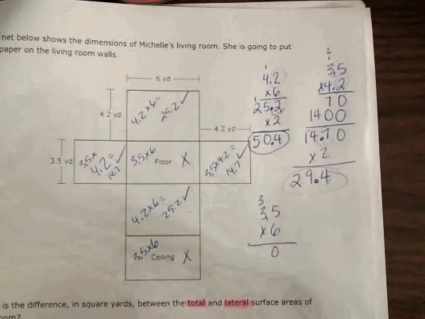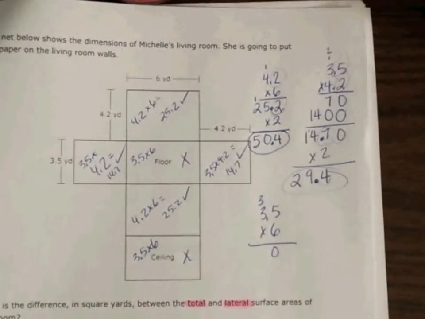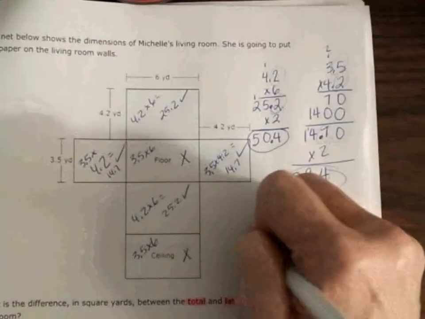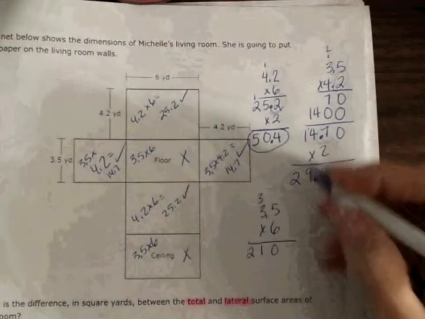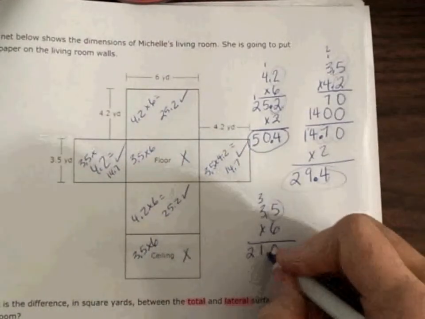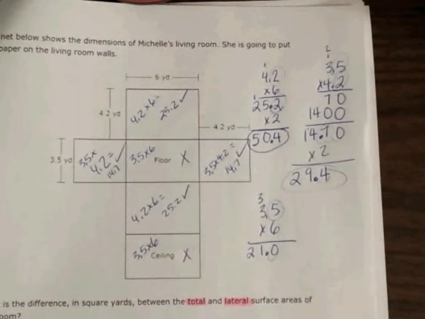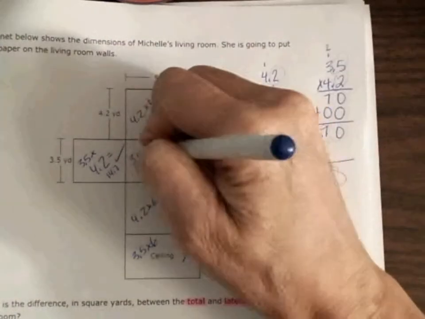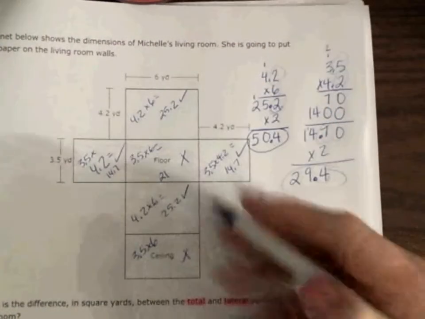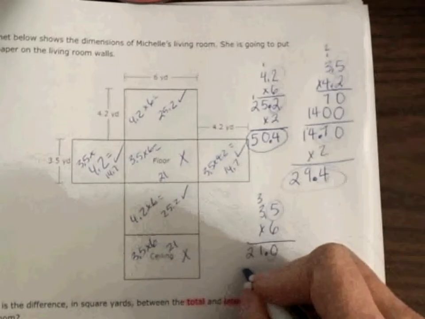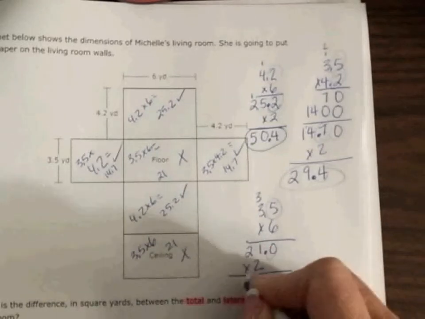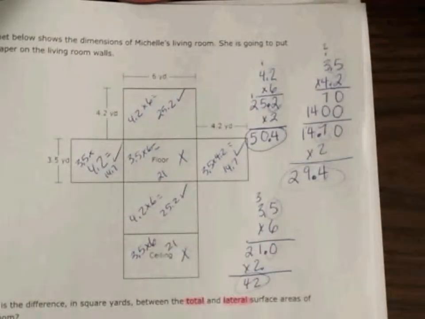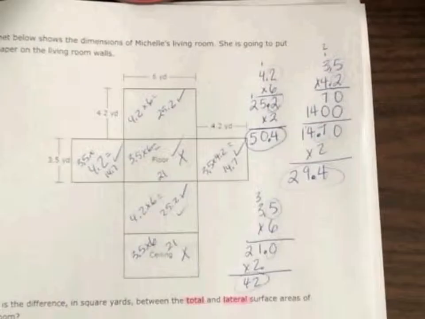I have one decimal. I'm going to move that over there. So my floor is 21, but I have two of them, so times 2. 2 times 1 is 2. 2 times 2 is 4. So now we have the floor and ceiling, and these three numbers together will give us the total surface area.